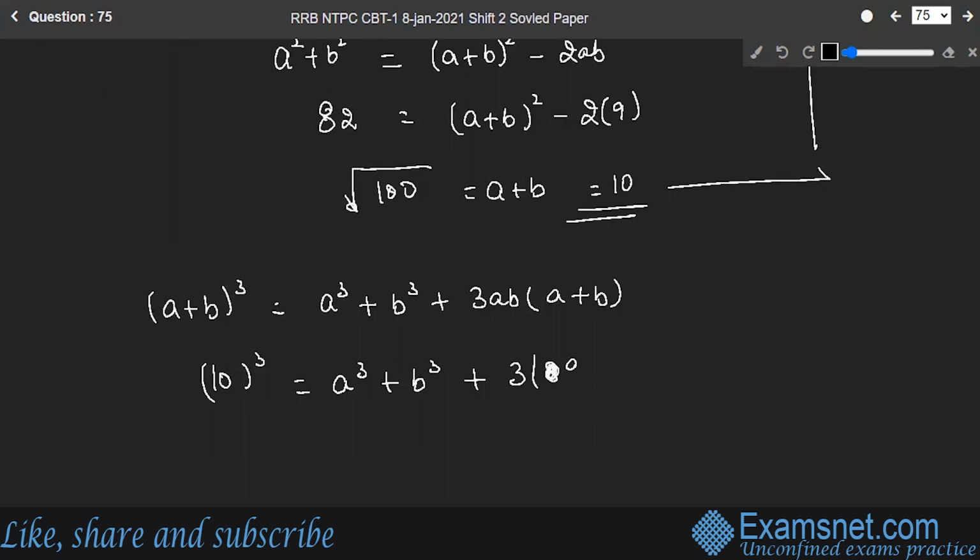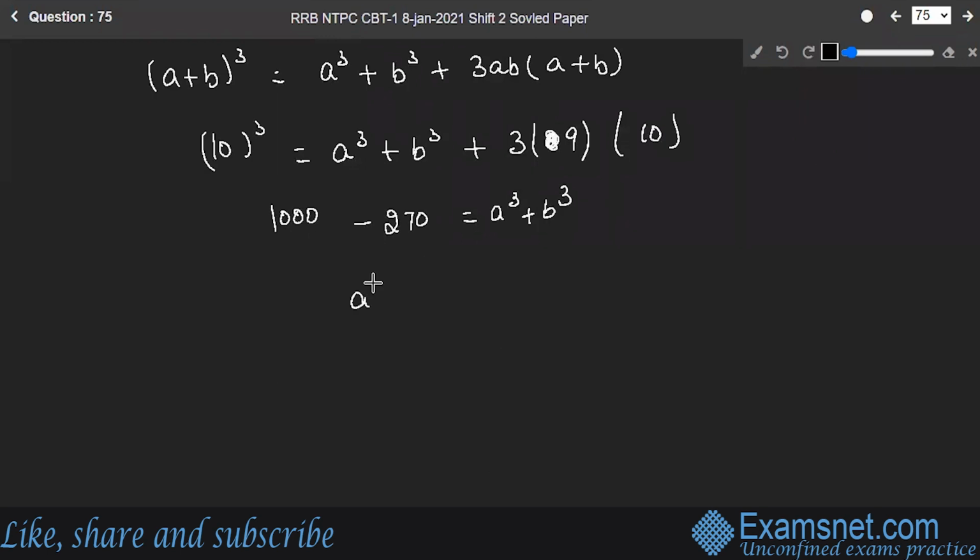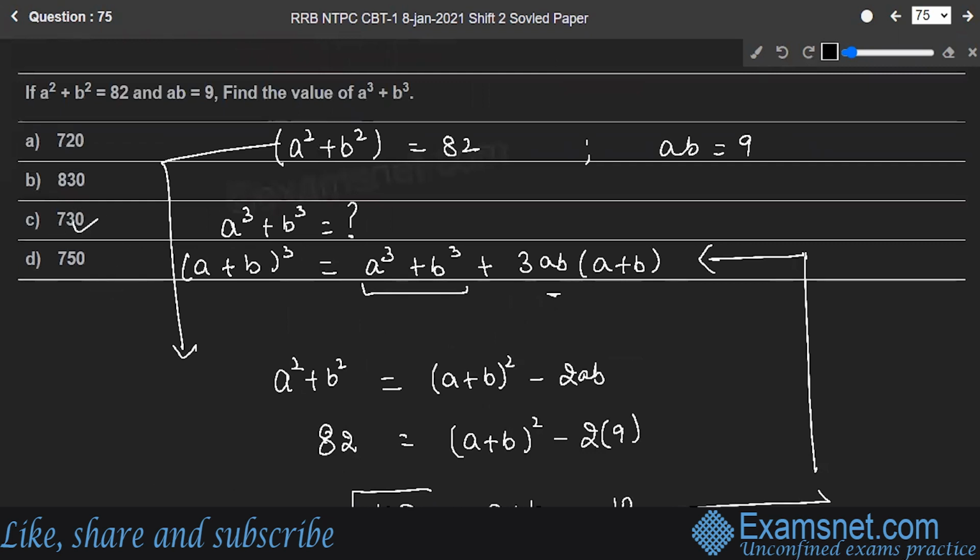So I will write down 9 over here, and this is equal to 10. So 1000 minus 270 is equal to a cube plus b cube, which gives me a cube plus b cube is equal to 730. So this is the answer, 730, option C.